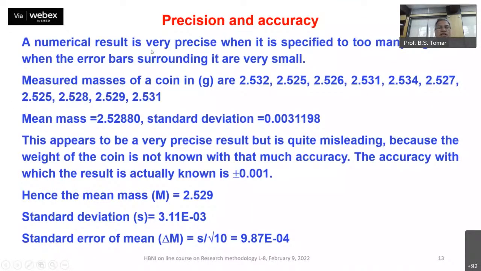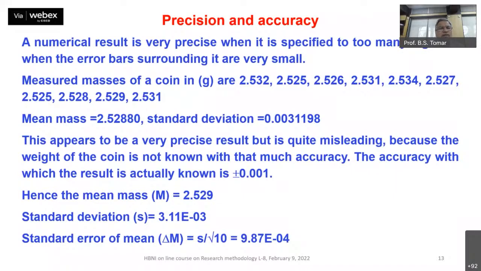A numerical result is very precise when it is specified to too many digits, or when the error bars surrounding it are very small. So you may take some values, a minus b, and you get c, and that calculator gives you several digits. You have to be very careful in reporting such a number when you are using a computer or calculator to do the numbers.